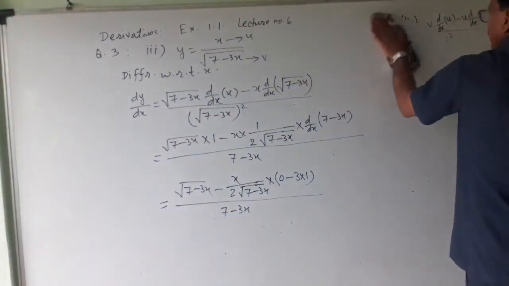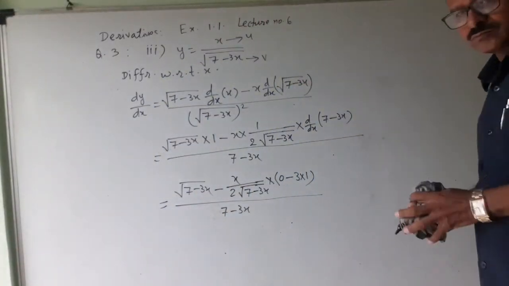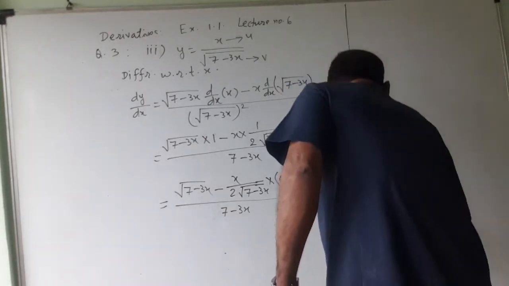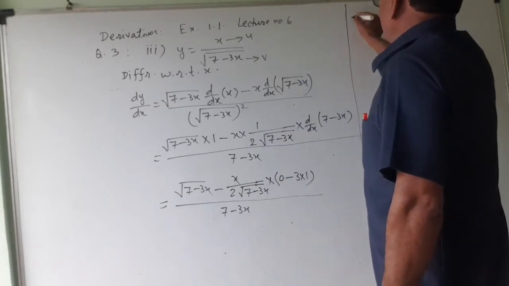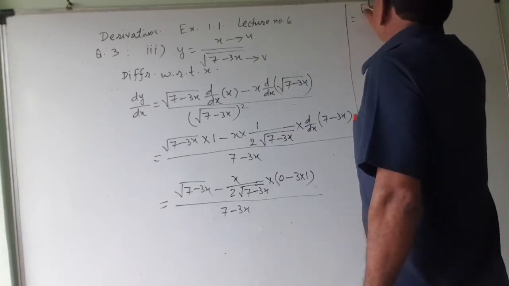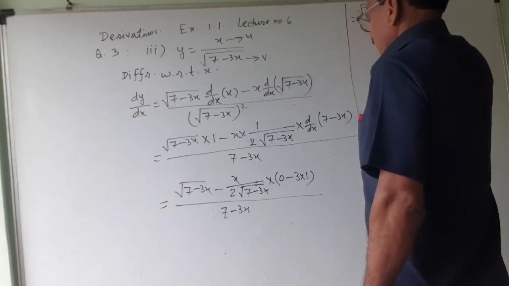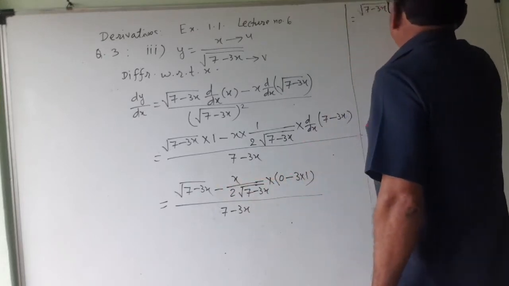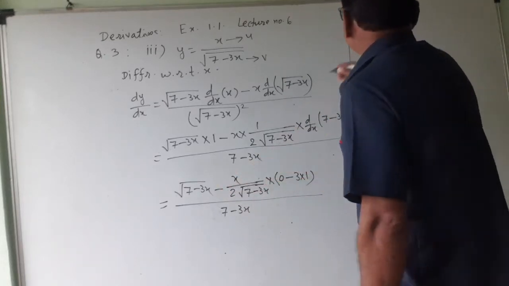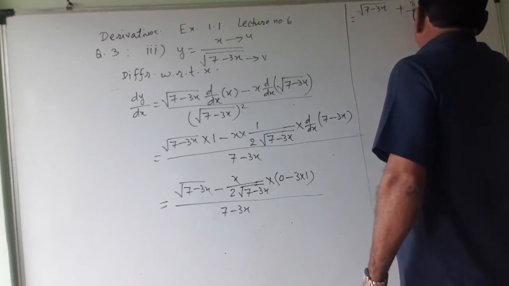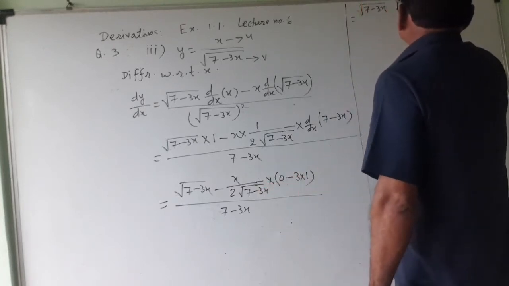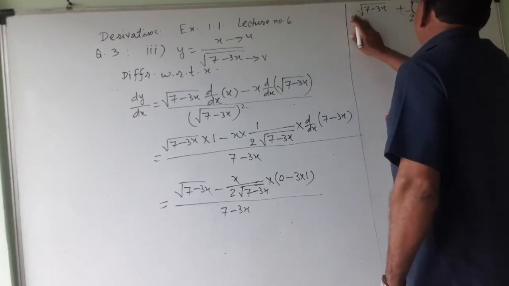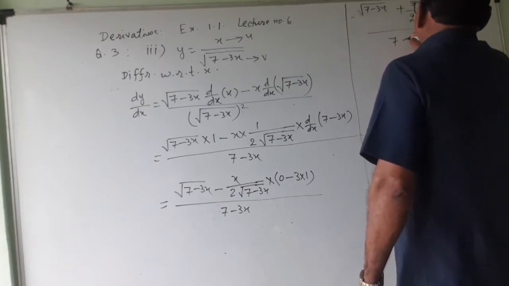I will make the place over here. That is equal to under root 7 minus 3x. This minus and this minus will become plus. 3 into x is 3x upon 2 root of 7 minus 3x upon 7 minus 3x.